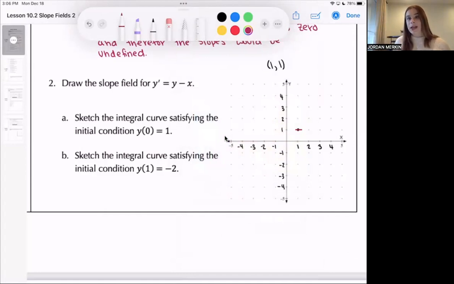Now, what ends up happening when you're drawing these is you're going to start realizing that there's a pattern. Anytime y is equal to x, you're going to get a slope of 0 for this one. So you can go ahead and fill in those tick marks as a little horizontal line anywhere where x and y are equal. Oh, now be careful.